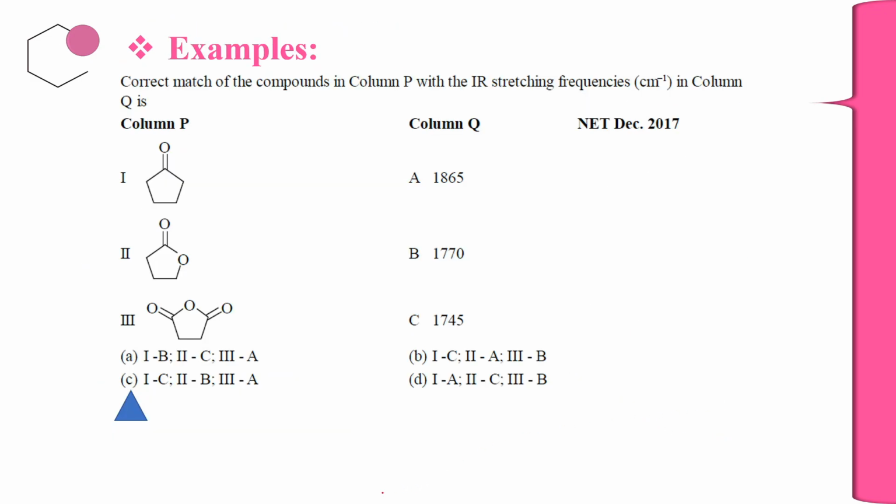Before that, let us do a simple exercise. Here it is a simple ketone. As we know, a simple ketone is near about 1745. This one is nothing but an ester, having a higher value than ketone, and the anhydride has the highest value, so it will be 1865.